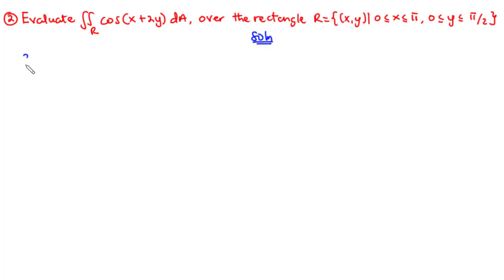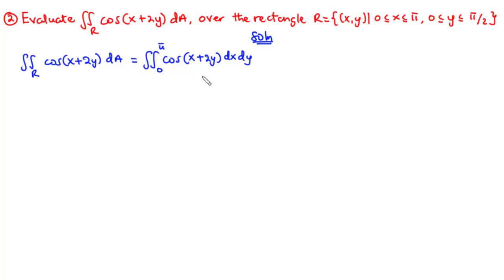So we have the double integral over the region R of the function cos(x + 2y) dA, and this we expressed as the double integral of the function cos(x + 2y) dx dy. We have dx on the inside, so we are going to have 0 to pi also on the inside, and then dy on the outside, so 0 to pi on 2 also on the outside.